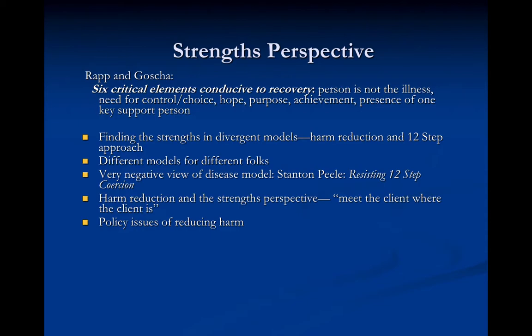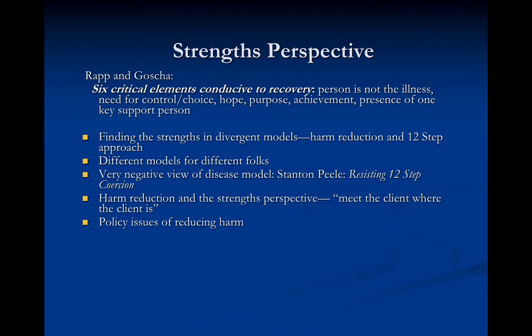The need for control and choice. So this would be collaborating and giving the client options. Hope that life can get better and can be what you envision it to be. A purpose that could look like a job, that could look like volunteering, that could look like parenting, could look like a lot of things. Achievement, measurable goals, and achieving measurable goals, and the presence of at least one key supportive person.